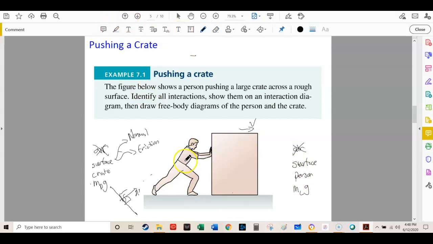So I'm going to pick out the center of mass of a person, and that's right actually about the navel area, which is weird. And the center of mass of this object is probably right here. So now what you're supposed to do is a proper force diagram. You have to draw the coordinate system for each one of these things. Okay.